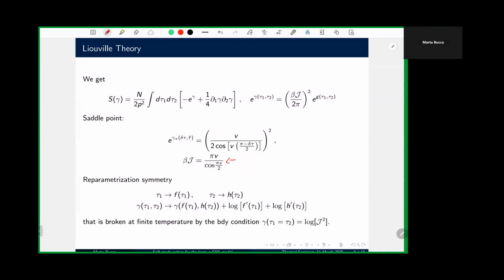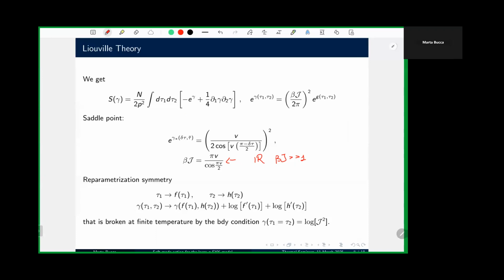In particular, of course, we're still interested in the infrared regime, or the zero temperature regime. This would correspond to beta J being large, much greater than 1. But what does this mean in terms of v? Well, beta J can vary from 0 to infinity as v varies from 0 to 1.